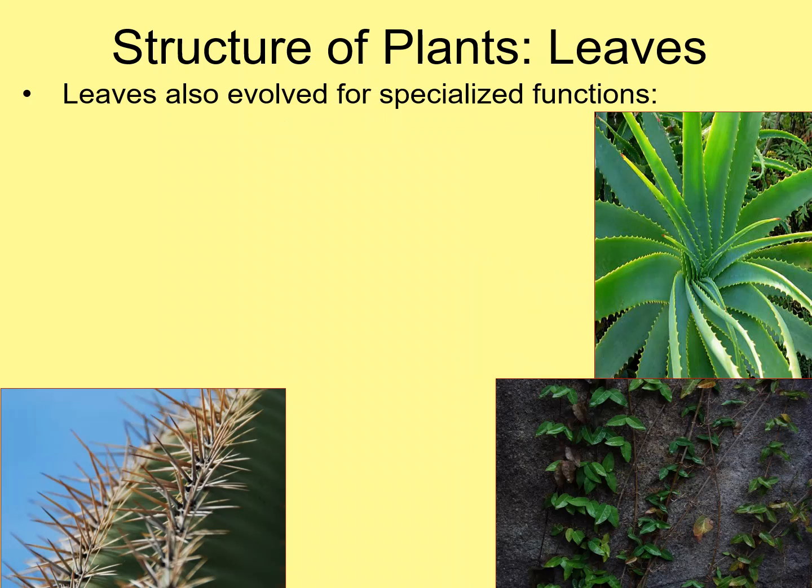Okay, so as I mentioned, the primary job of leaves is light capture and photosynthesis, but definitely not their only potential job. We've already seen leaves specialized for particular functions. Flowers are modified leaves specialized for sexual reproduction.